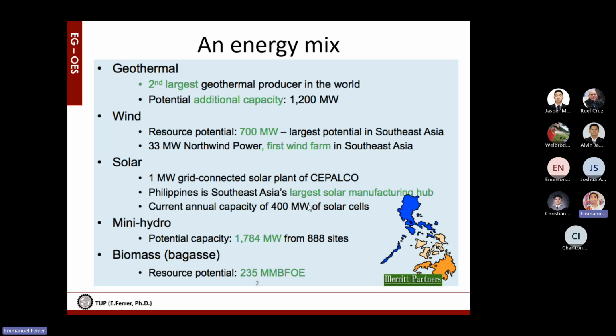Okay, current capacity was 400 megawatts of solar cells. In the Philippines, 100 megawatts. Okay. Mini hydro, we have 1.7 gigawatts in total for 888 sites. And biomass, 235 million metric barrels of fuel oil equivalent.